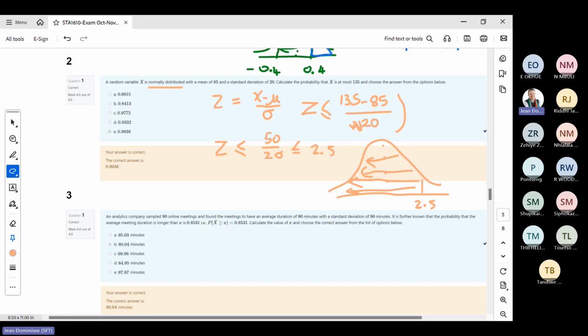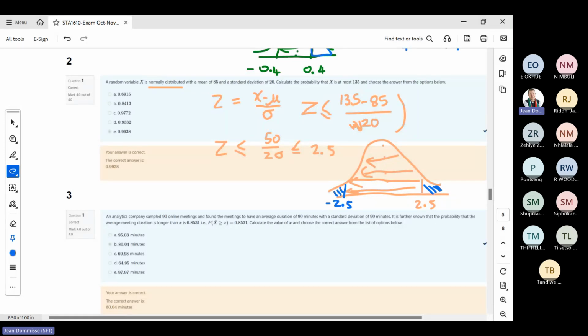Okay, all of them are bigger than 0.5, so that doesn't help. So you can look at the negative table at minus 2.5, but that gives you just that small area. So that's not really what we want.